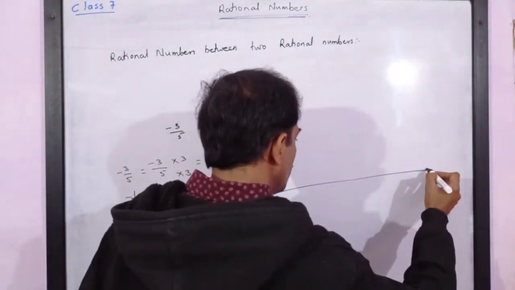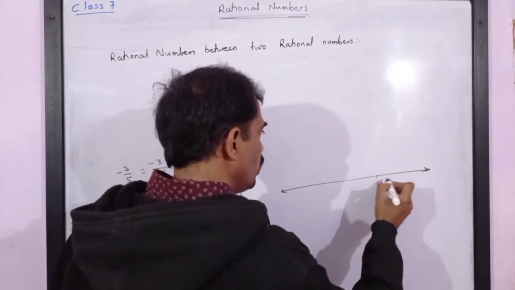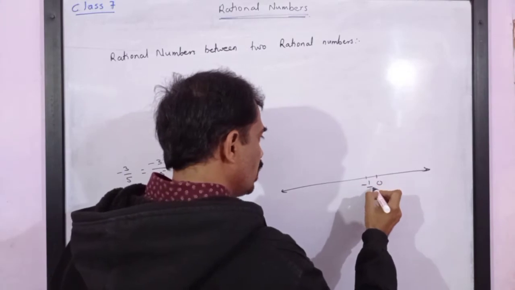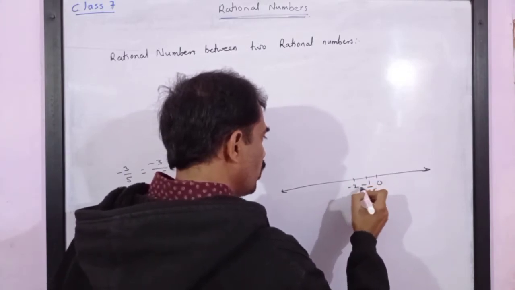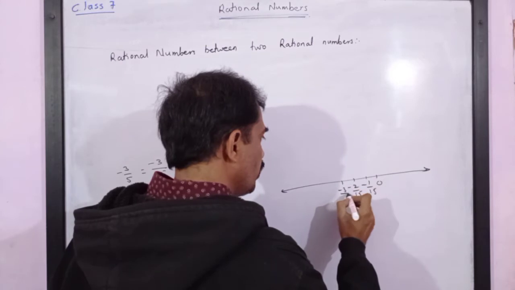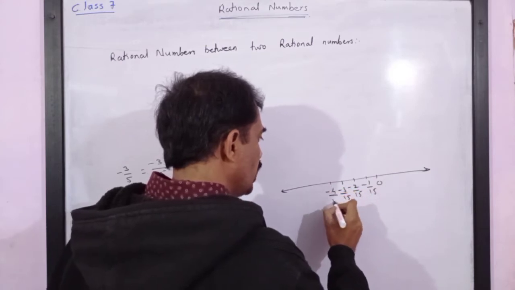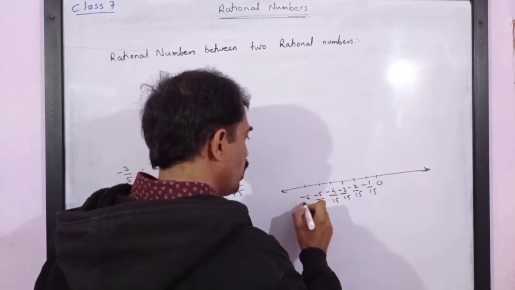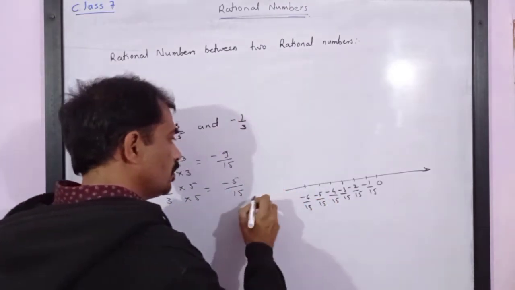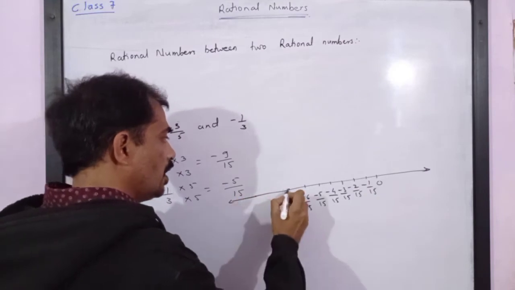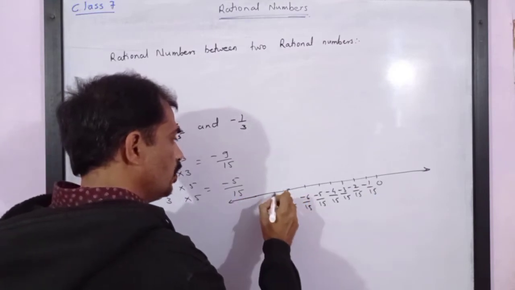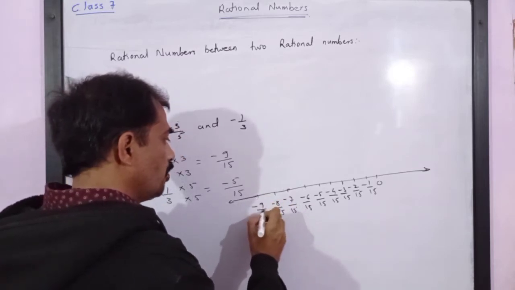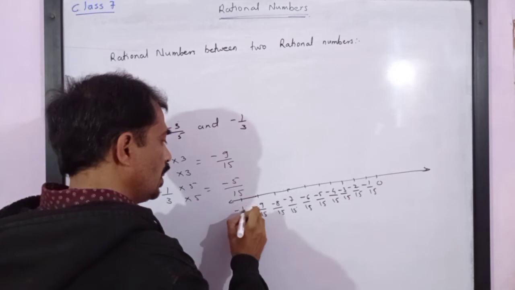If you want to plot this on the number line, we get 0. Since the denominator is 15, we plot like this: negative 1 upon 15, negative 2 upon 15, negative 3 upon 15, negative 4 upon 15, negative 5 upon 15, negative 6 upon 15, negative 7 upon 15, negative 8 upon 15, negative 9 upon 15, negative 10 upon 15.